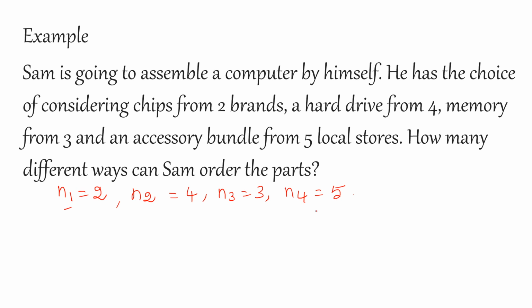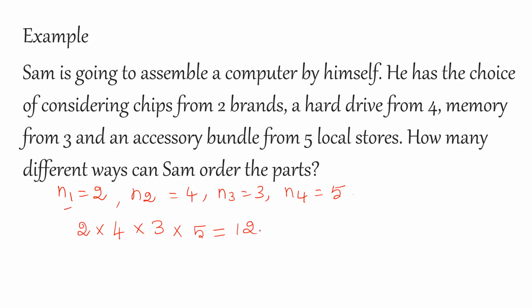So how many different ways can Sam order the parts? First you can take 2, and for each one you can take 4 from the hard drives, and similarly for each of these combinations you can take 3 ways. The memory can be selected in 3 ways, and the accessory from the accessory bundles you can take in 5 ways, right?